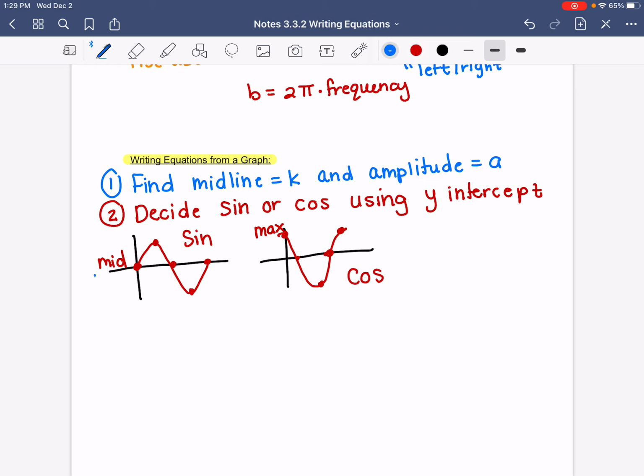So if it's at the midline, you're using sine. If it's at a maximum, you're using cosine. If it is neither, you can use sine or cosine, and you're just going to have a horizontal shift.